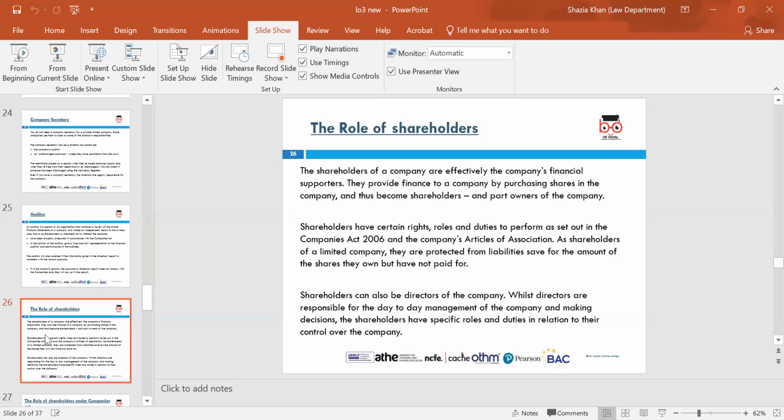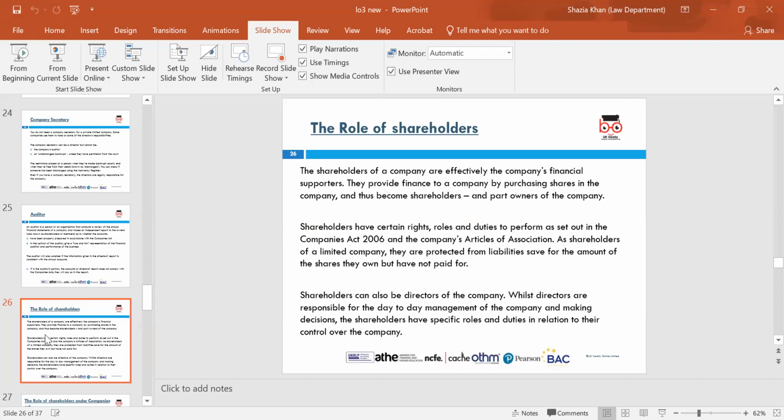The role of shareholders. The shareholders of a company are effectively the company's financial supporters. They provide finance to a company by purchasing shares in the company and thus becoming shareholders and part owners of the company. Shareholders have certain rights and duties as set out in the Companies Act 2006 and the company's Articles of Association.